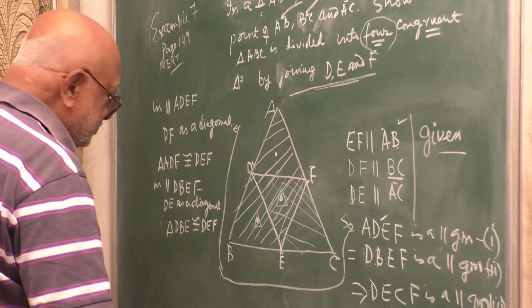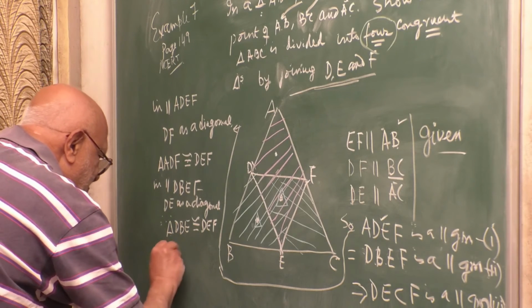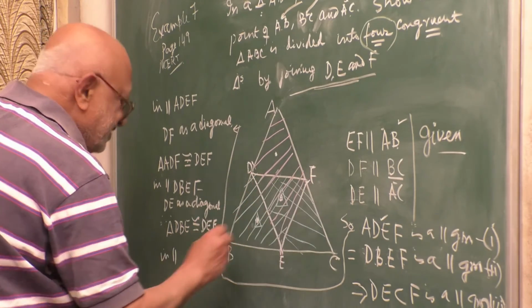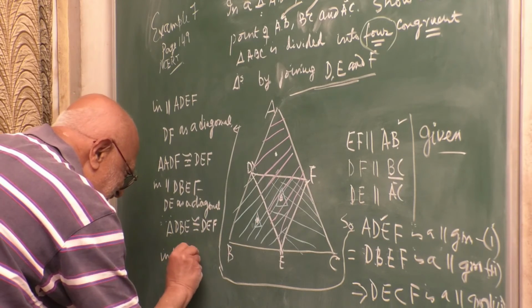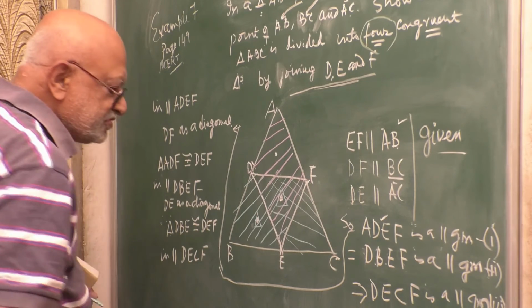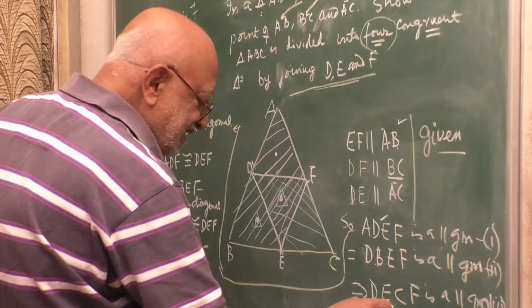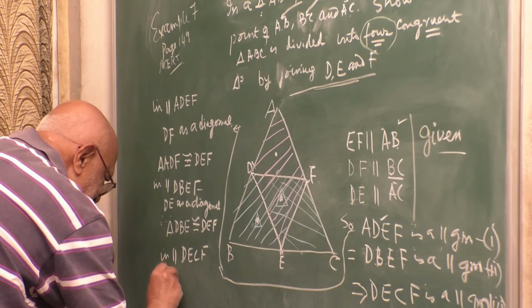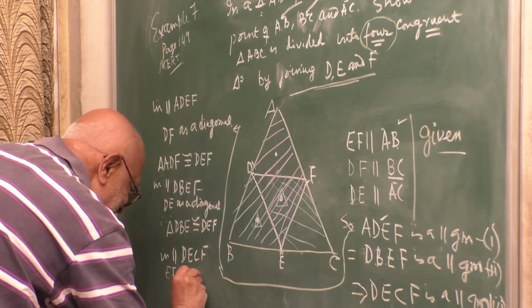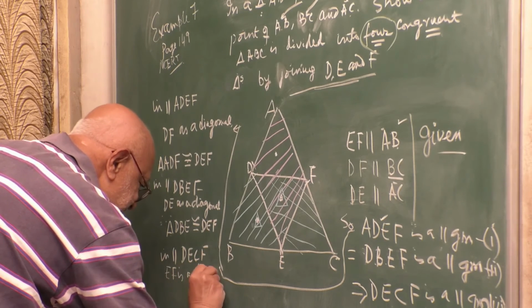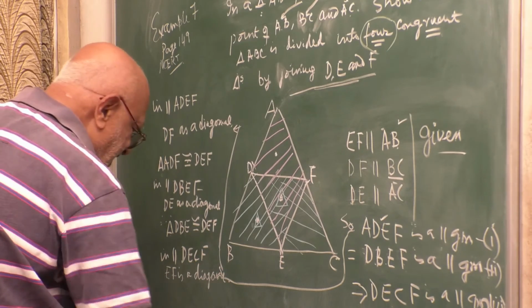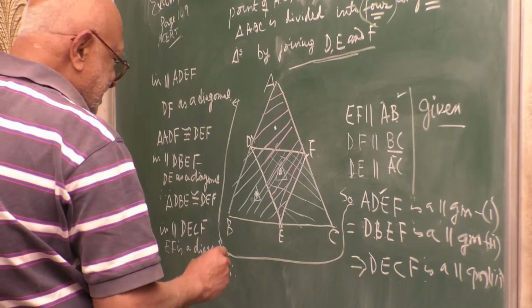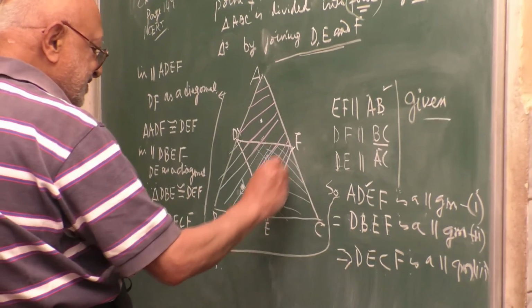Okay, now you say parallelogram. In parallelogram DECF, EF is a diagonal. So here, therefore, DF is a diagonal, EF is a diagonal.